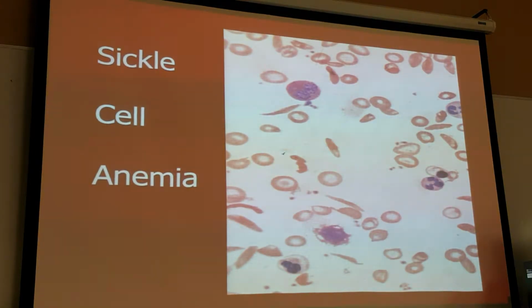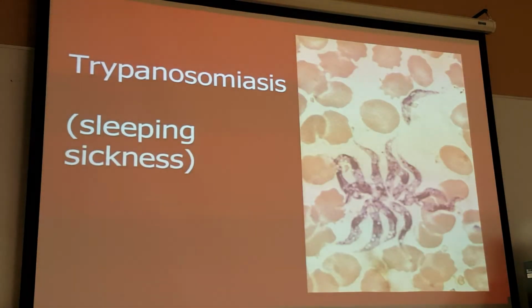Sickle cell anemia we talked about. Pretty easy to identify. An intriguing one, sleeping sickness, is caused by a protozoan, the trypanosome, which is carried by tsetse flies in places in Africa.